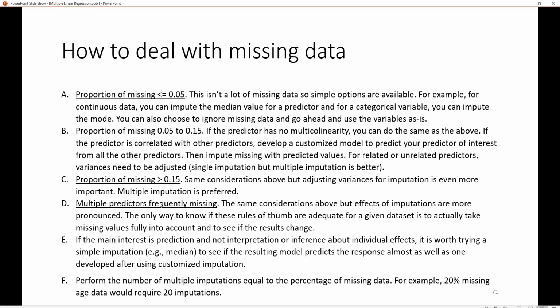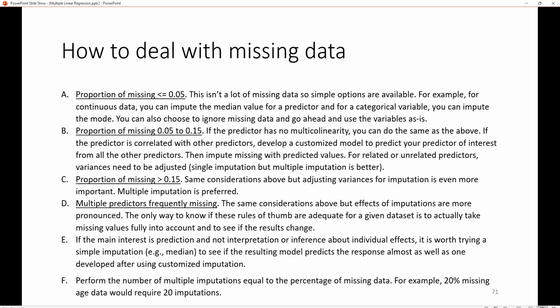And when we have multiple predictors frequently missing, we take into consideration everything above, but now we would greatly benefit from using something along the lines of multiple imputation. And if the main interest is prediction, it is worth trying a single imputation to see if the resulting model predicts a response almost as well as one developed after using customized imputation.